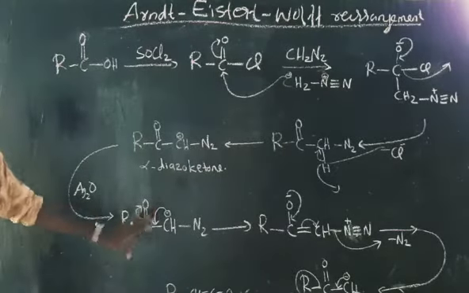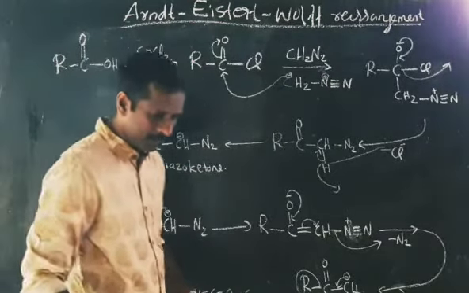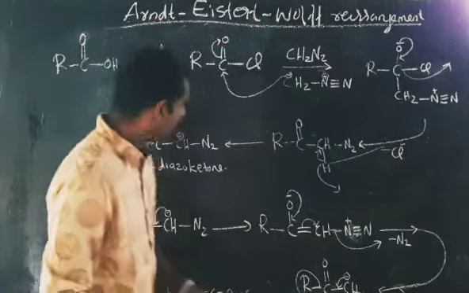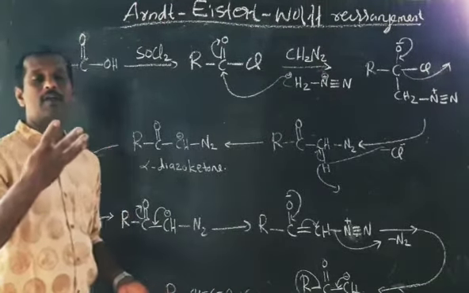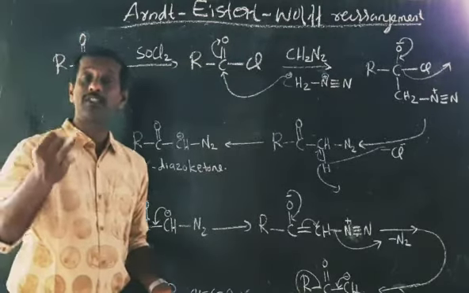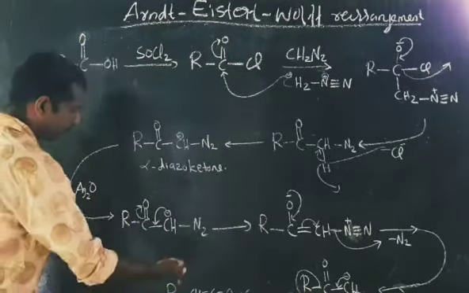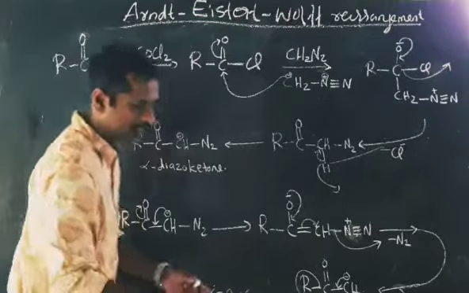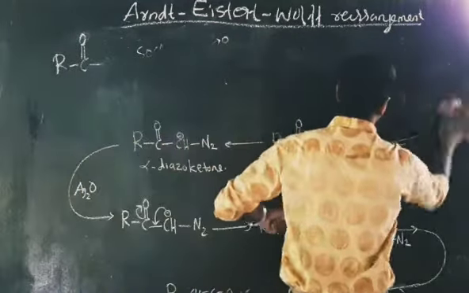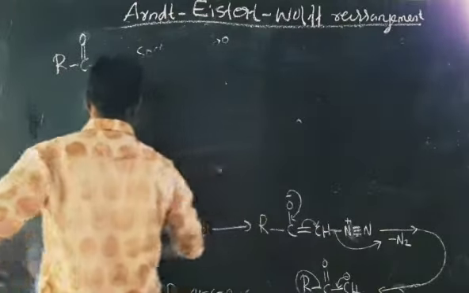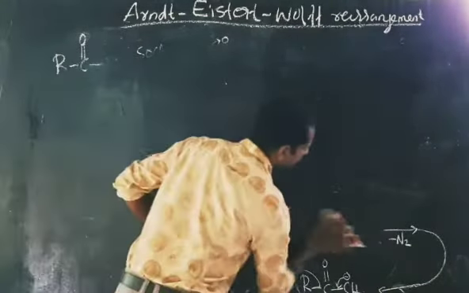As I told you, the reaction is carried out with thionyl chloride, diazomethane, and silver oxide in the presence of water. This ketene is unstable, so immediately it will react with the water molecule.